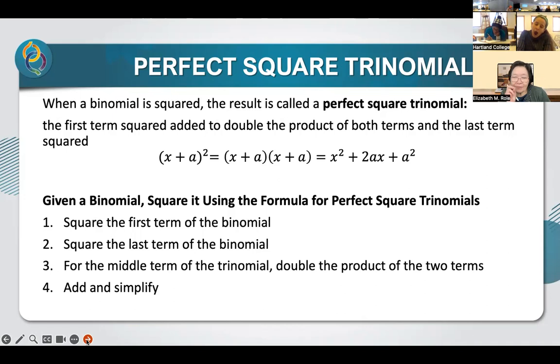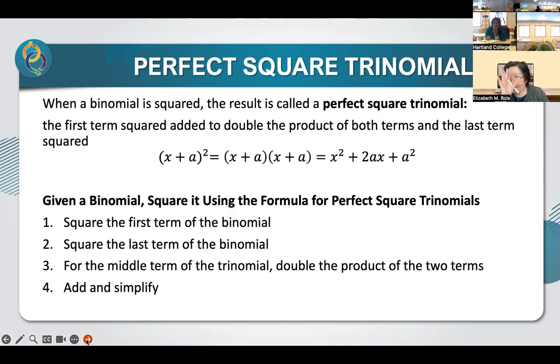The shortcut is that the middle term is twice the product of the first and the second. Of course, using FOIL, x times x is x squared, x times a is ax, a times x is ax, and that's twice ax, and then a times a.